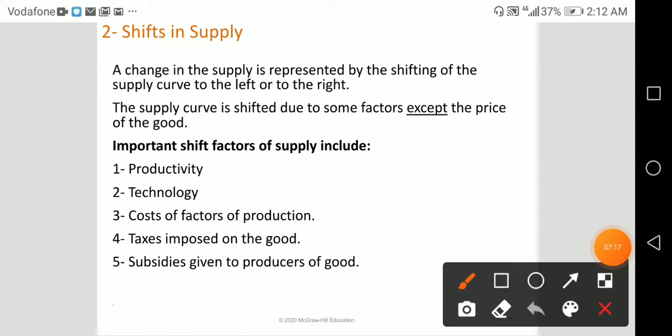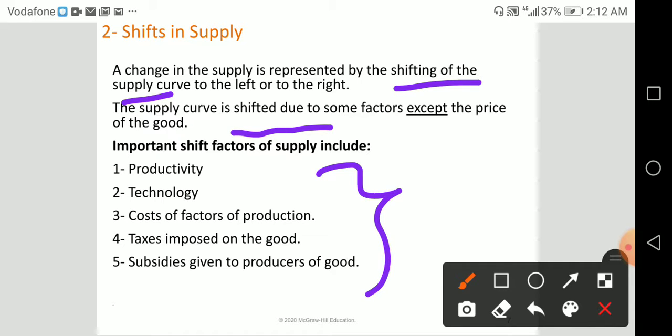Let's have this one, very easy one. Change in the supply is represented by shifting of the supply curve to the left or to the right. The supply curve shifts due to some factors except the price of the good. Important factors of supply include productivity, the productivity of your product.